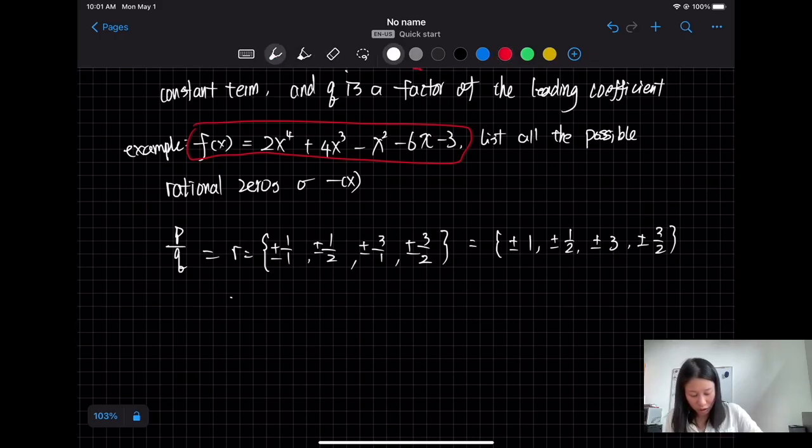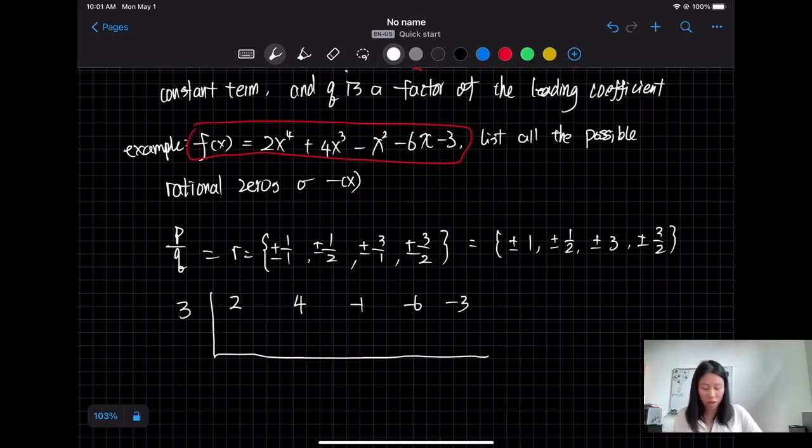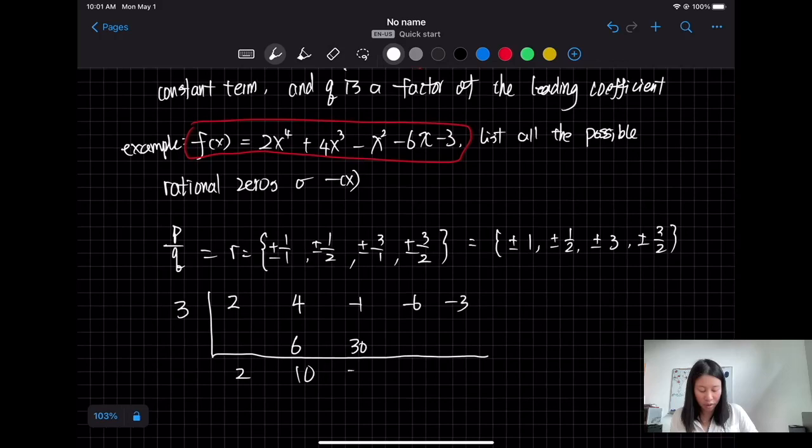I have 2, 4, negative 1, negative 6, and negative 3. Okay, let's try 3. Since 3 is a possible root, I have 2 times 3 is 6, 10 times 3 is 30, 29 times 3 is 87, and then I have 81.